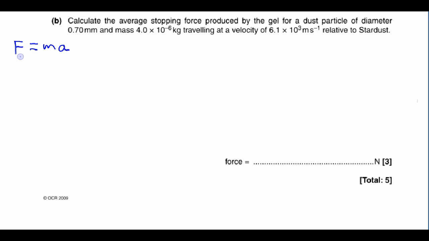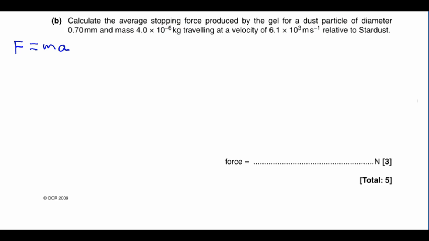The F here is the resultant force acting on an object, relating it to the mass of the object and its acceleration. In our case, the object is the dust particle, and the only force acting on it is the stopping force by the gel.